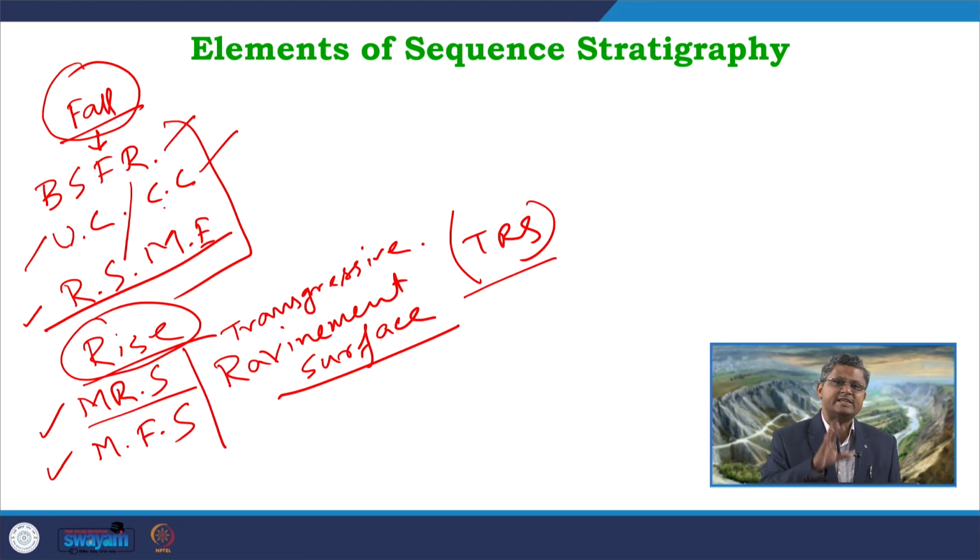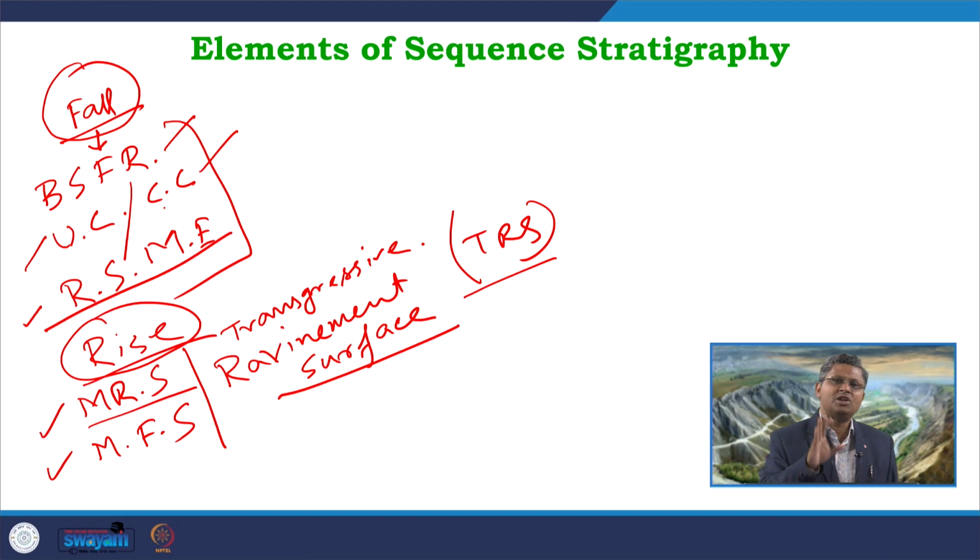Apart from these 7 major surfaces, we can also get a few minor surfaces, which we commonly call within trend surfaces. What is the meaning of within trend surfaces? That means they are not defining the boundary of a systems tract, but they are confined within the systems tract, often indicating a boundary between depositional systems or maybe a simple facies boundary.